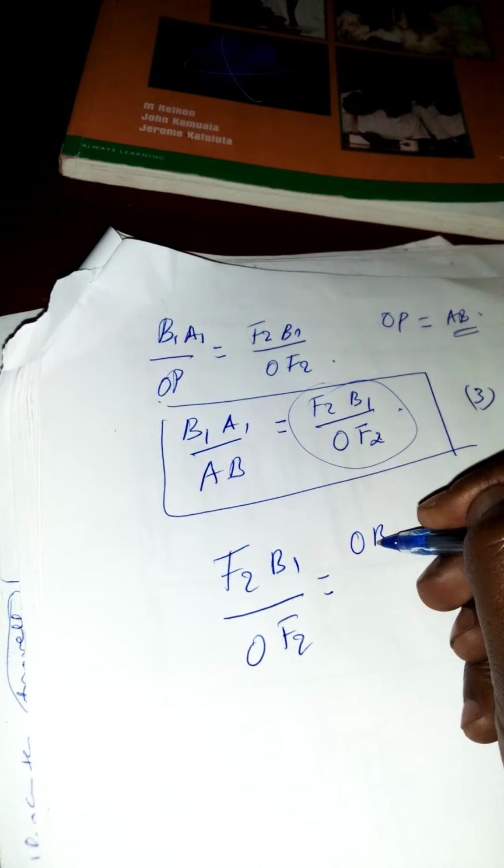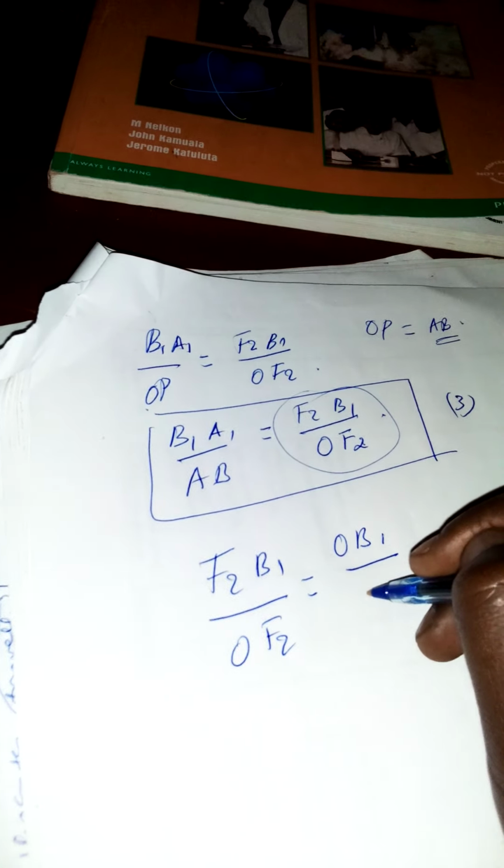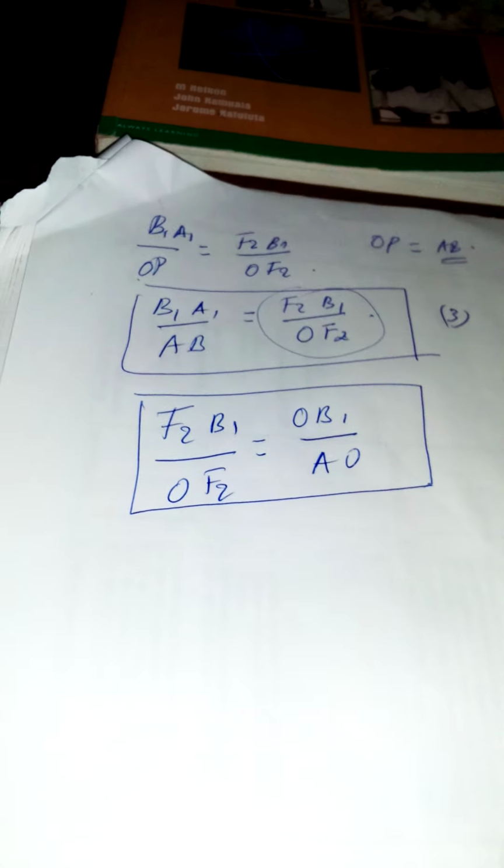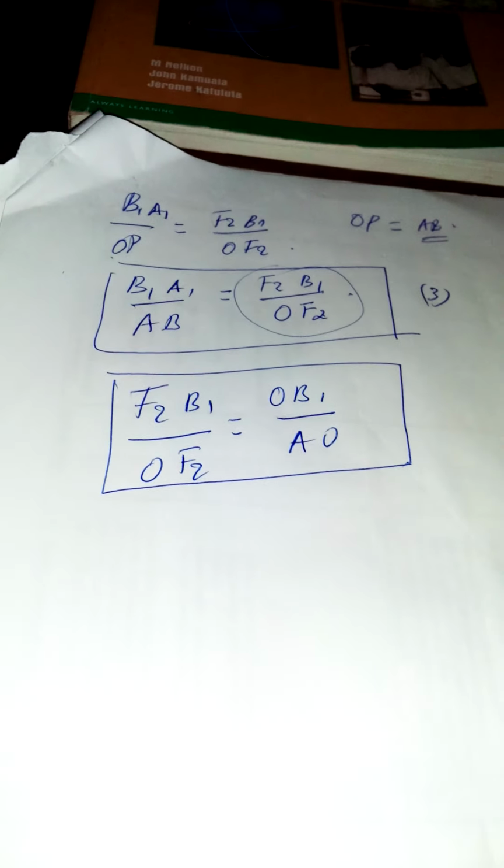So F2B1 over OF2 is equal to, from equation number 1, OB1 over AO. So this is a very important ratio that will bring us to the final equation.